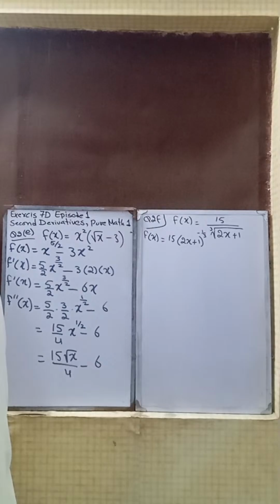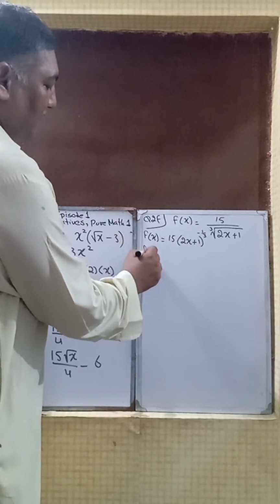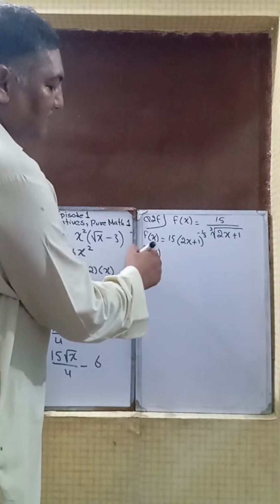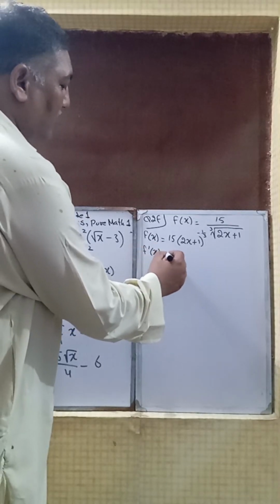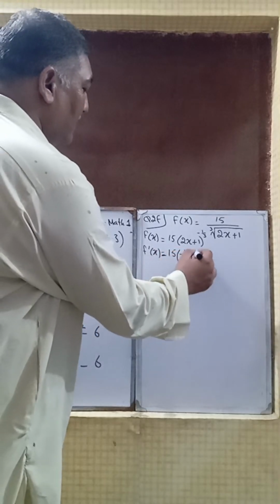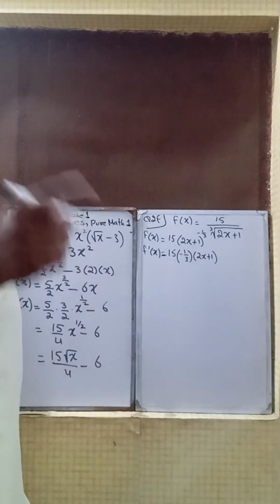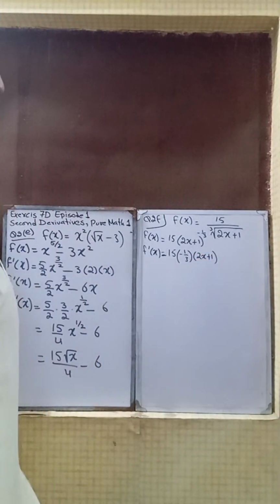Now I will take the first derivative. The first derivative is in this shape. For the first derivative, you put a prime sign here. So it will be equal to 15 into minus 1 by 3 into (2x plus 1) raised to power minus 1 by 3 minus 1. That will be minus 4 by 3.